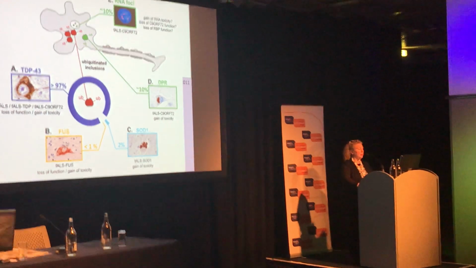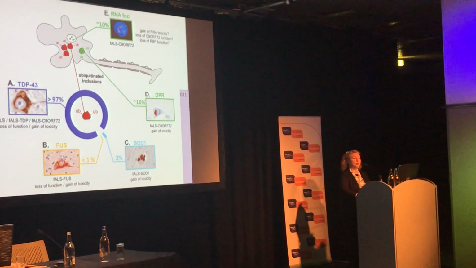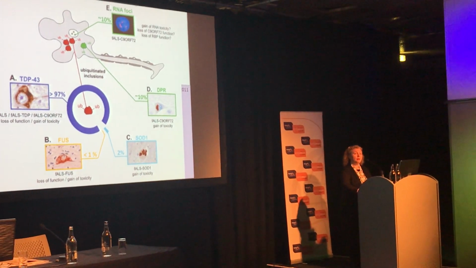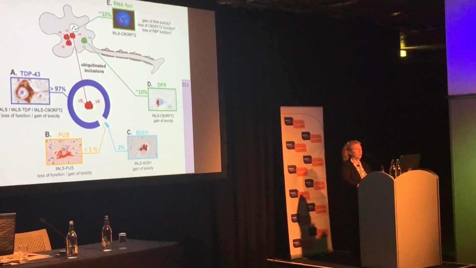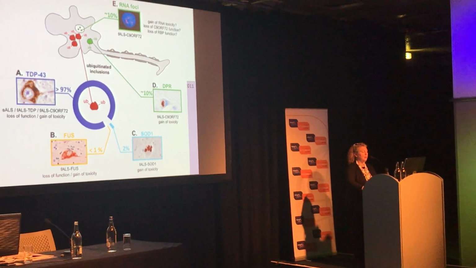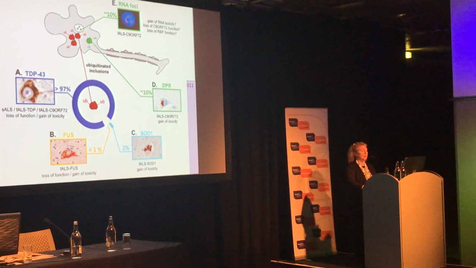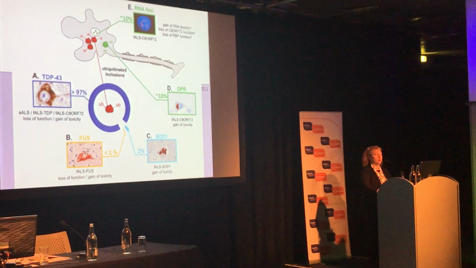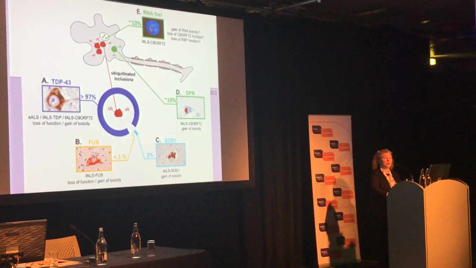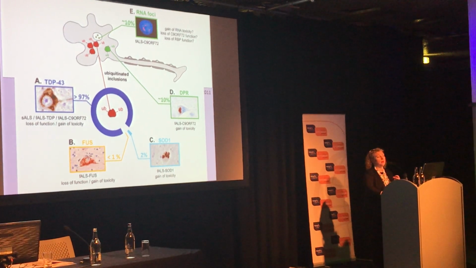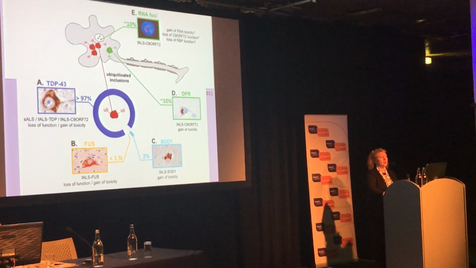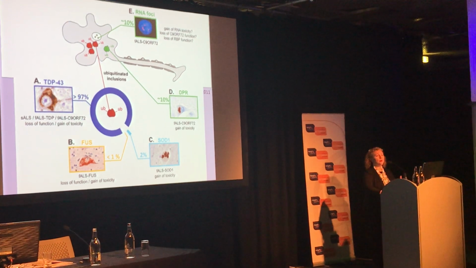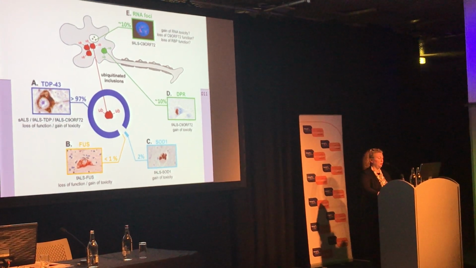About 97% of ALS patients have these aggregates, which is a very big number. It is also observed in Alzheimer's disease and other neurodegenerative diseases. If we understand the basis of that, we will begin to shed light not only on ALS, but on other diseases too.